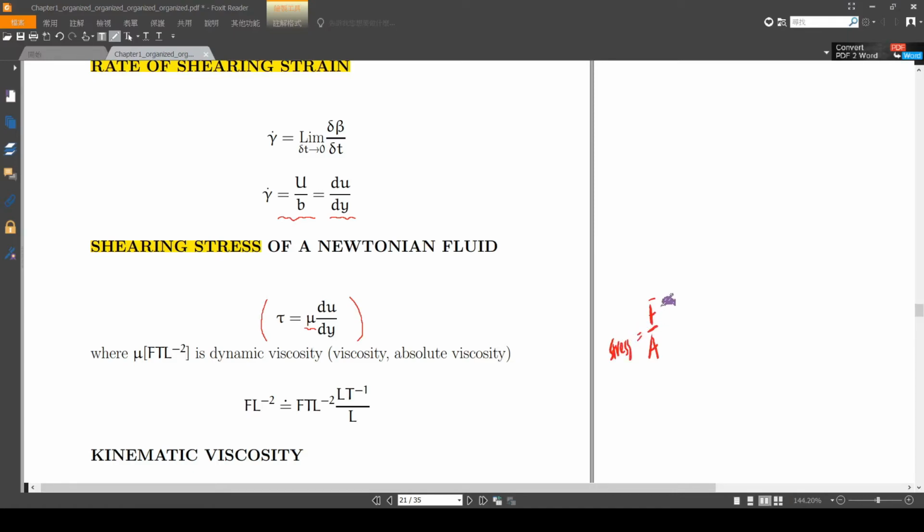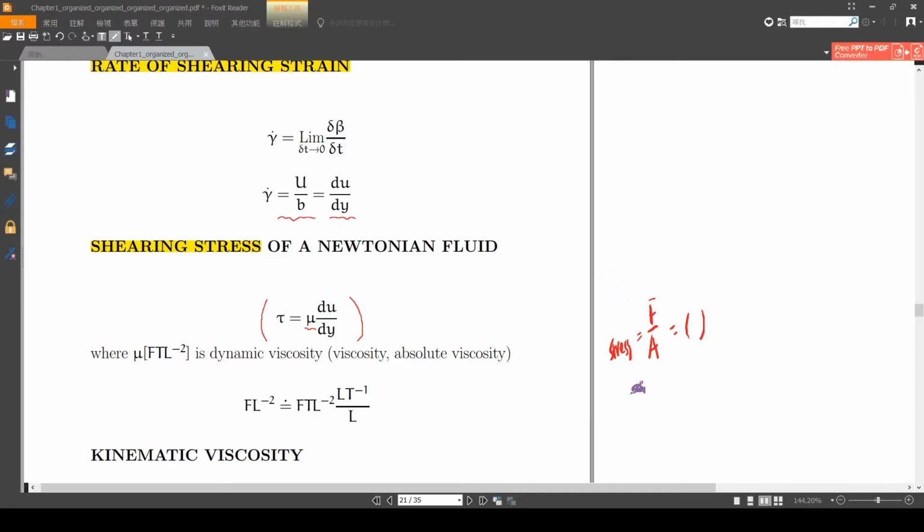Stress equals force divided by area, and this is the left-hand side of the equation. Then you have the viscosity, which you don't know, and then you have the velocity and the length, because the y direction represents length.